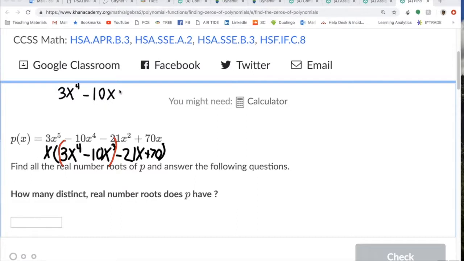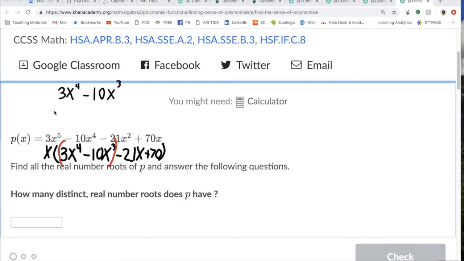Okay, well now we've got some things that we can take out. So they all have x's in them. The 3x to the 4 term has a total of 4 x's, there's 4 of them in there. And 10x to the 3rd, there's 3 x's in there.